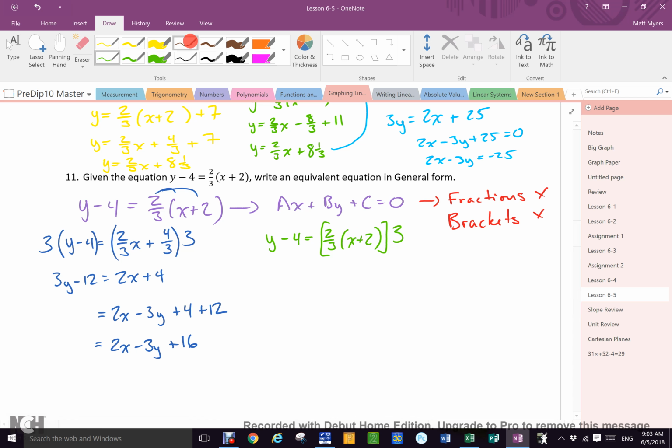Because this is technically 2x plus 2 all over 3. Does everybody understand that this is this? So then if I multiply that by 3, I don't need to distribute that 3. They are just going to cancel. Everybody understand? But I do need to multiply this side by 3. So you can see how I've saved a step, yes? And I've saved the step that scares all of you, which is multiplying that fraction in there.